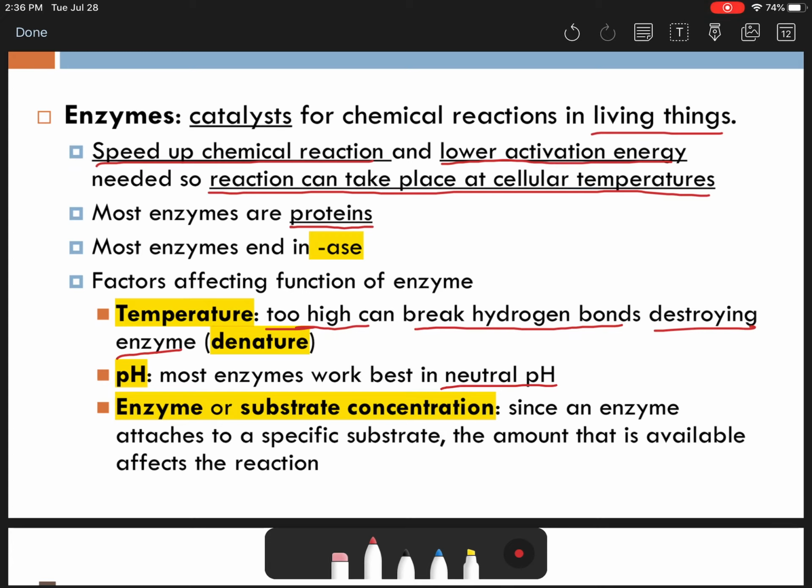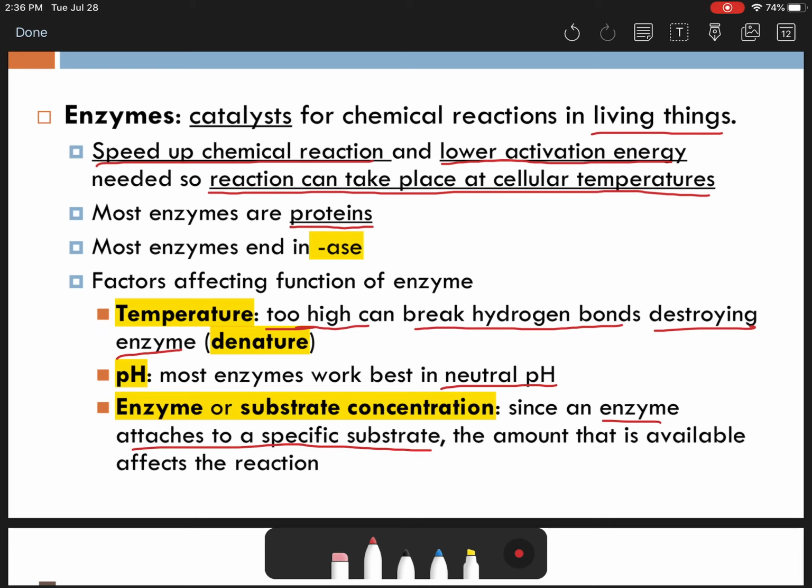And then enzyme or substrate concentration. As we're going to find out in a minute, how an enzyme works is that it attaches to a specific substrate. There's a spot on the enzyme called an active site, and that's what the substrate attaches to. Well, if you only have so much enzyme available, once those active sites are filled, it doesn't matter how much substrate you have.